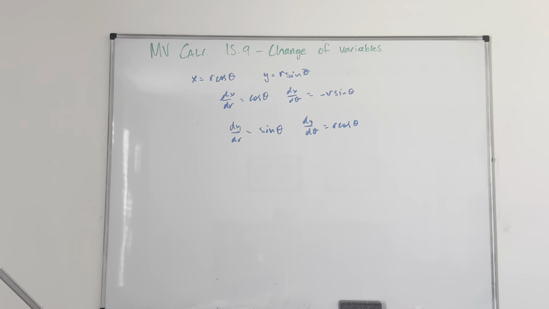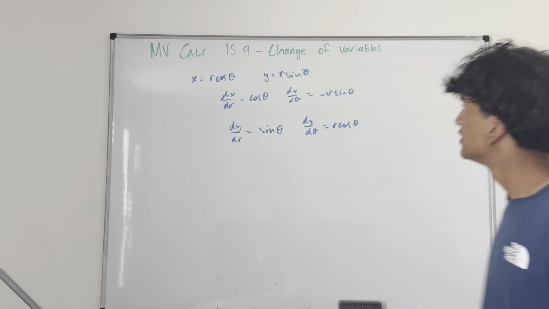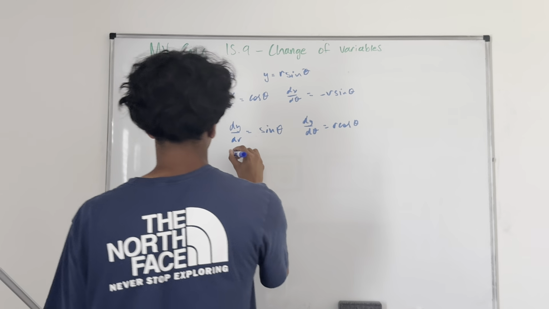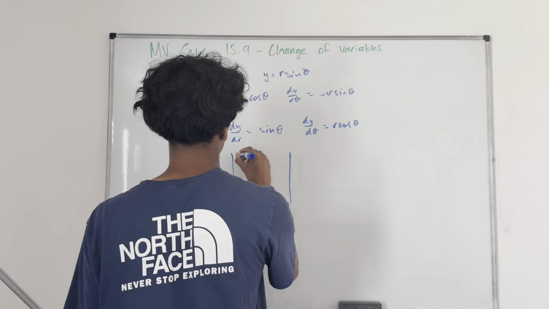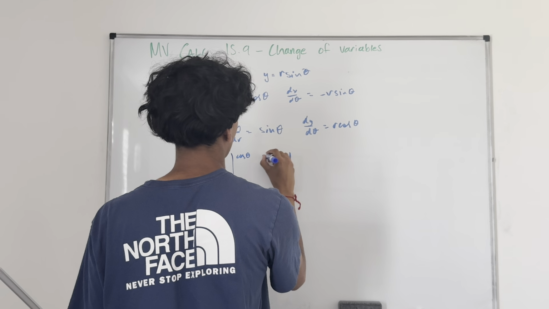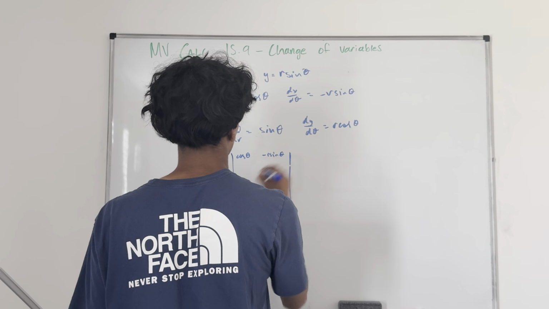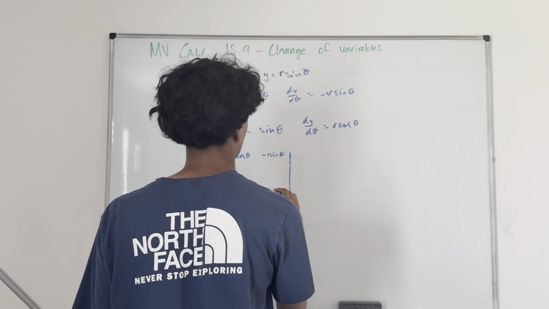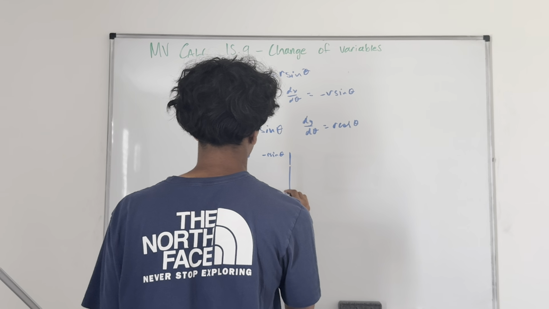So now we're going to take the determinant of all of these terms, which is the Jacobian really. So cosine theta, negative r sine theta, sine theta, r cosine theta.